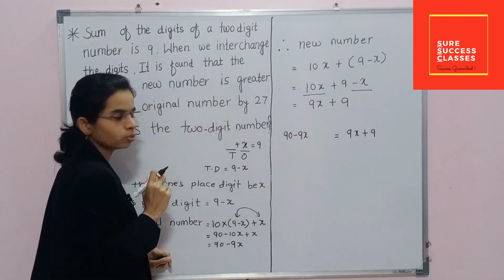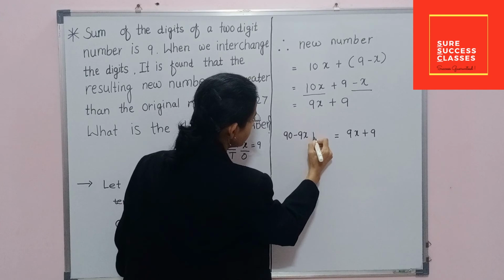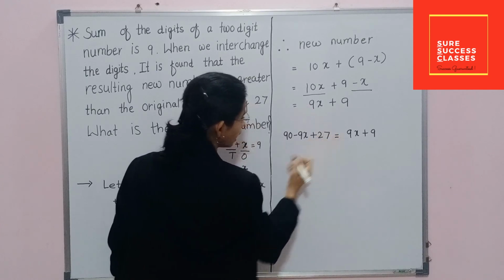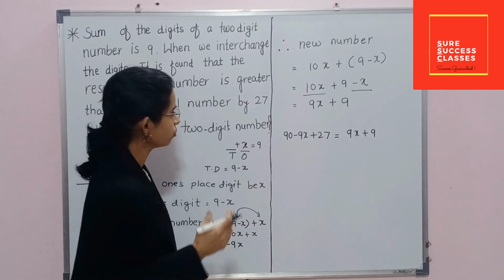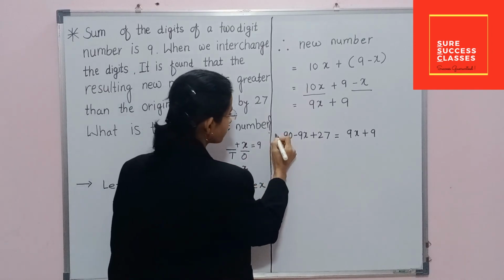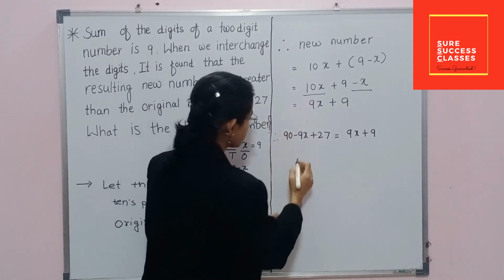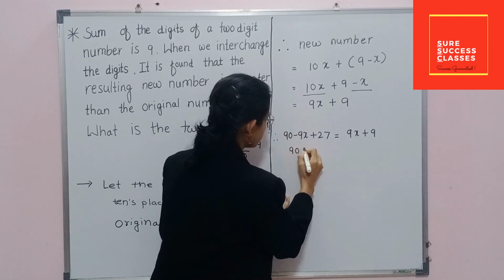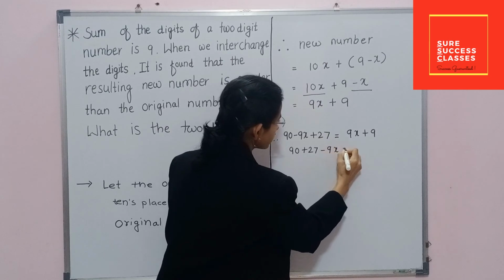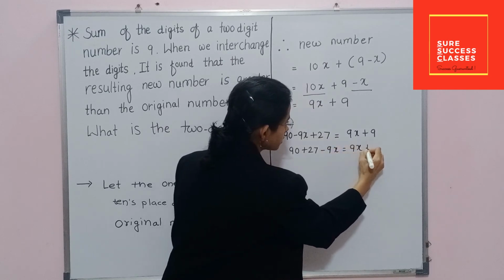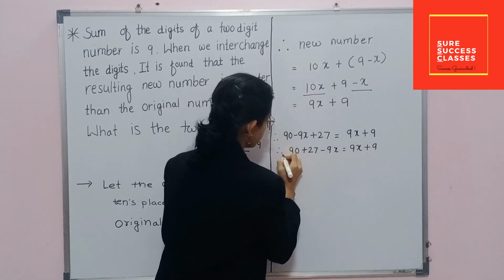And by how much is it greater? By 27. We will add this 27 to this number. Here we have got an equation, so we will solve it. 90 plus 27 minus 9x is equal to 9x plus 9.